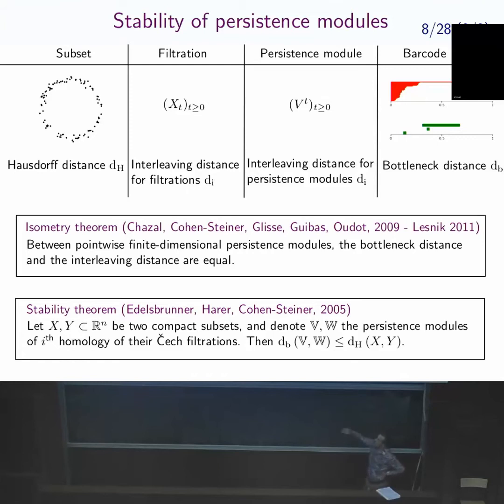And as a consequence, though it has been proven before, we have the stability theorem. It says that if I have 2 subsets of the Euclidean space, I build their Čech filtrations, I build the persistence module, and then I consider their barcodes. The distance between their barcodes is bounded by the distance between the subsets.